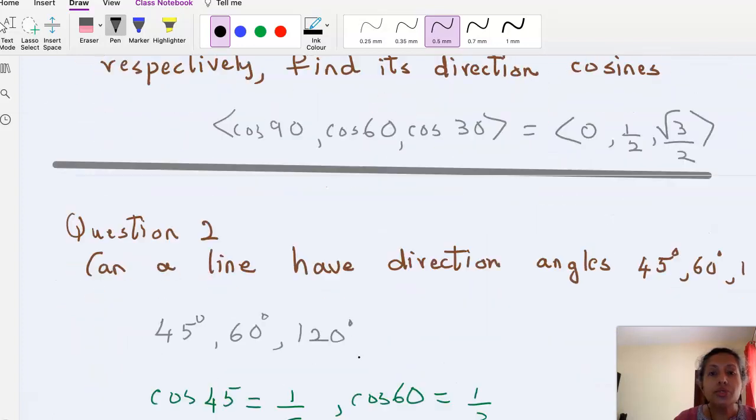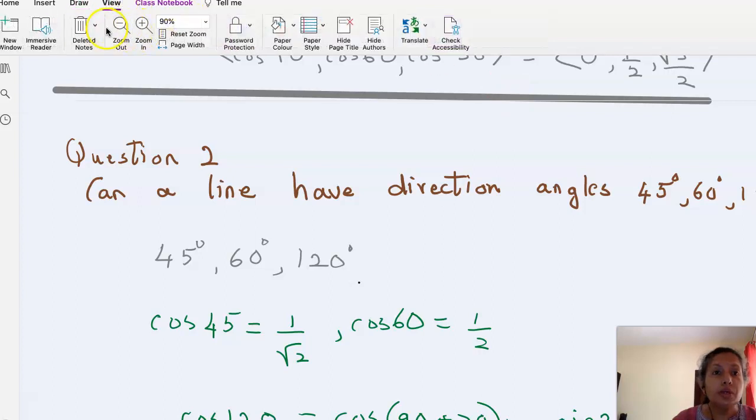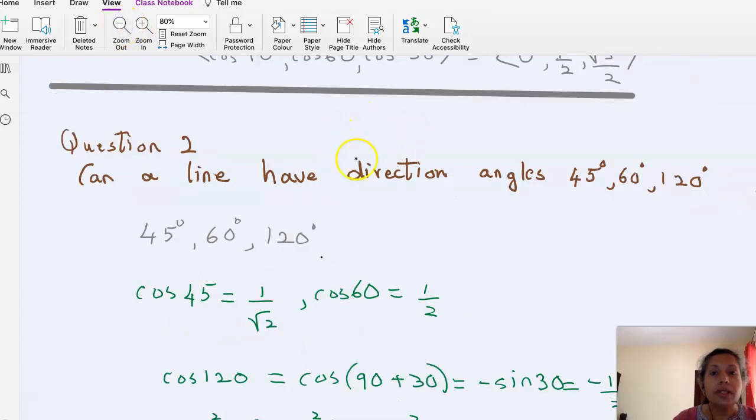Coming to question 2, can a line have direction angles 45 degrees, 60 degrees and 120 degrees? So supposing a line has these direction angles. So cos 45 is 1 by root 2, cos 60 is half, and what is cos 120?